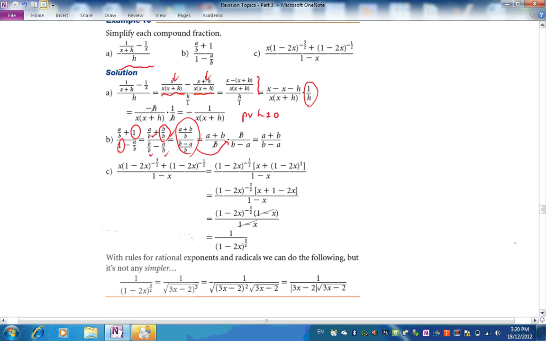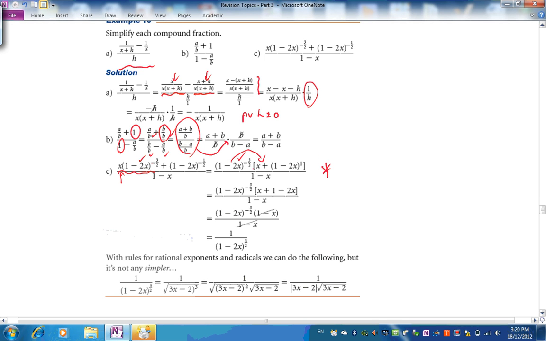Okay, so in this last one now, we've got some factorisation occurring here. x(1 take 2x) to the neg 3 over 2. Here we're saying that you could see that 1 take 2x is common. So if we put that out the front, what do you multiply it by to get the first term? It's that x there.